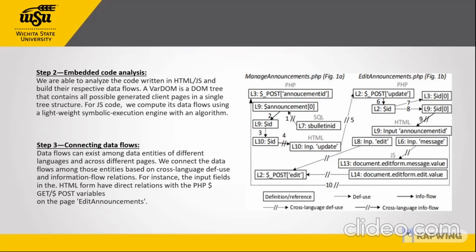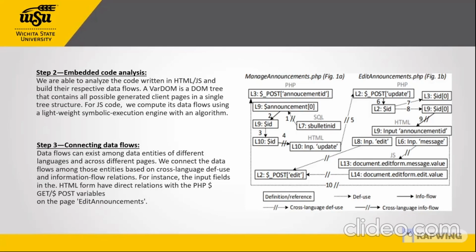Connecting data flows. Data flows can exist among data entities of different languages and across different pages. We connect the data flows among those entities based on cross-language diffuse and information flow relations. For instance, the input fields in the HTML form have cross-language diffuse relations with the corresponding PHP $get or $post variables on page edit announcements, where the input fields are submitted.